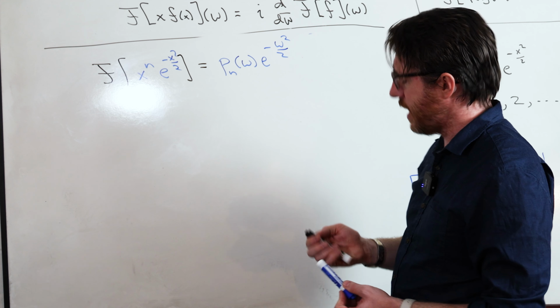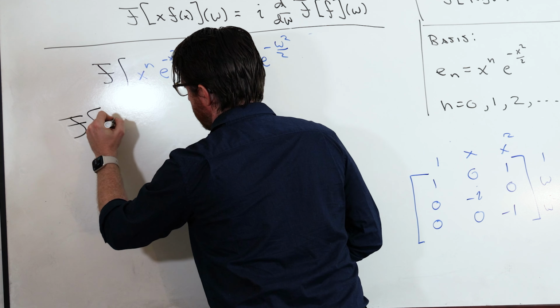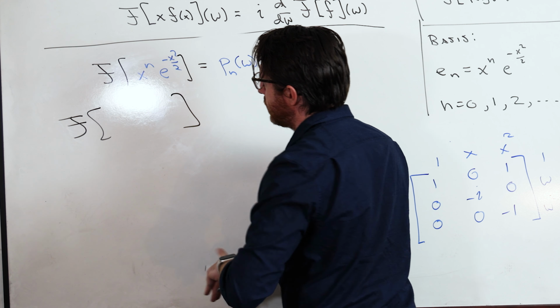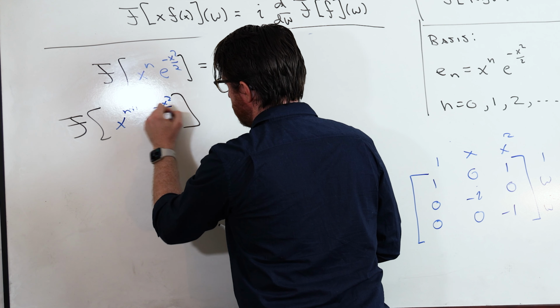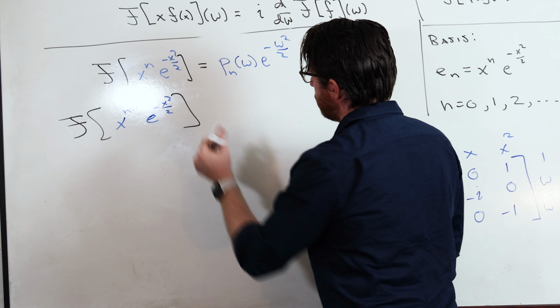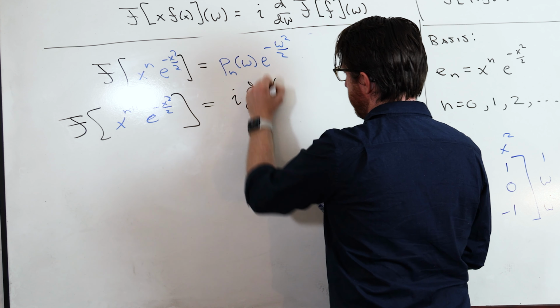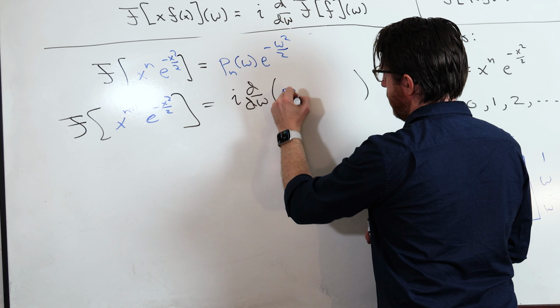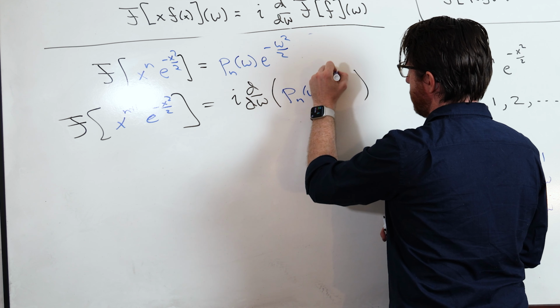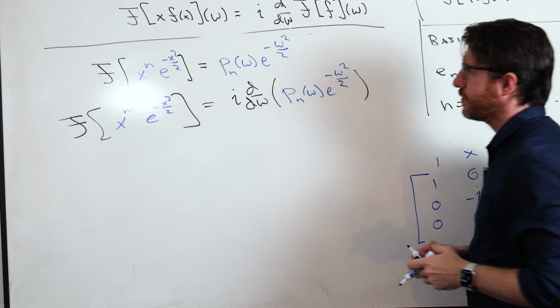So if we want the Fourier transform of x to the n plus 1 times e to the minus x squared over 2, this is going to be equal to i times d by dw of P n of w times e to the minus w squared over 2.